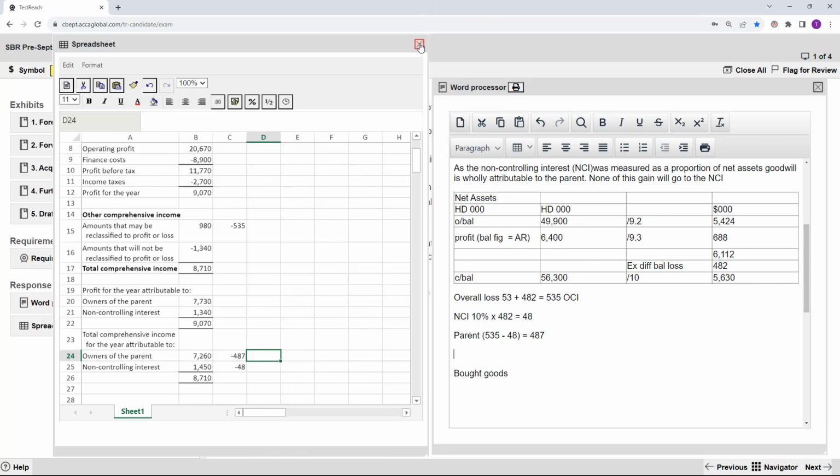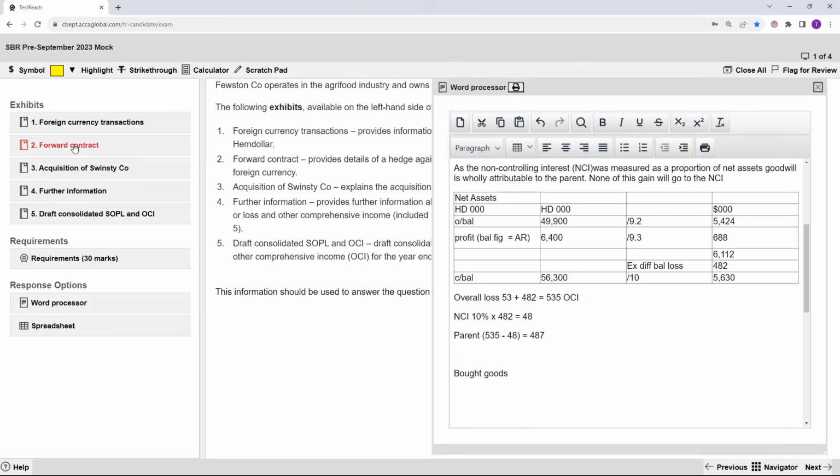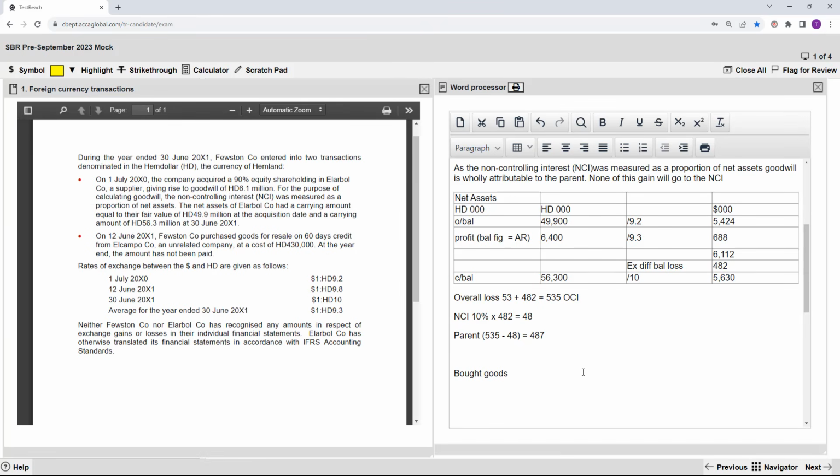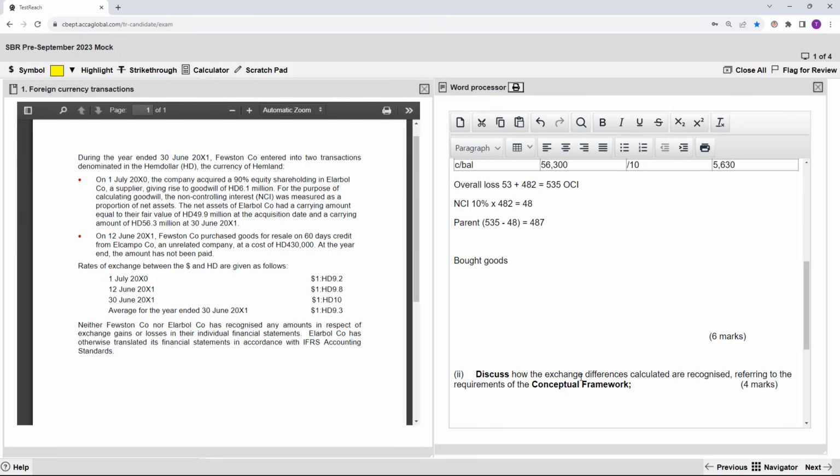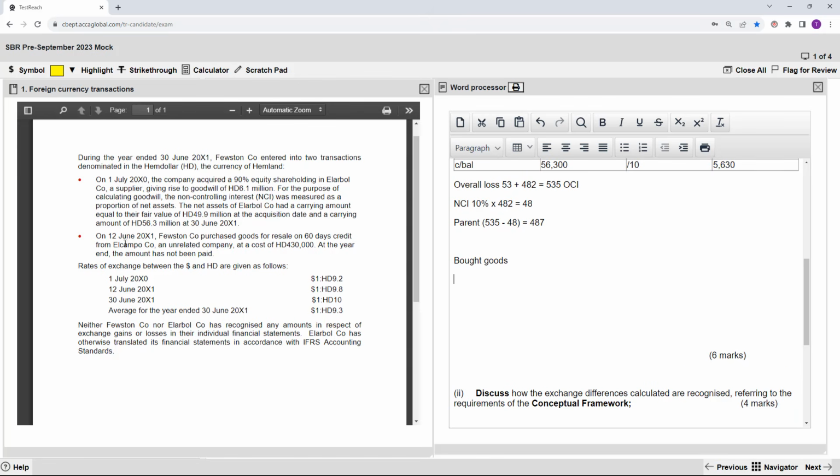Right, I'm conscious that time is slipping by, and I haven't finished the first part of this question. I bought some goods. What goods have I bought? I have bought some goods on 60 days credit, 12th of June, and at the year end, the amount has not been paid.